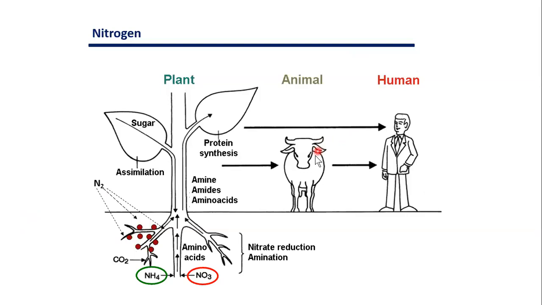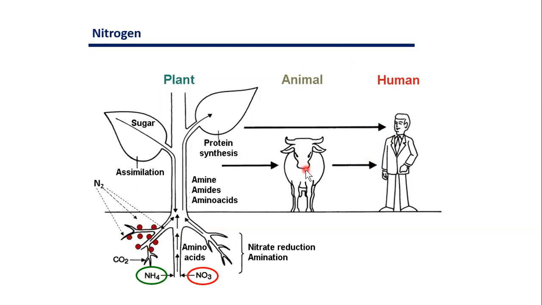And nitrogen is more important as compared to other nutrients if we talk about animal and human nutrition, because animals and humans cannot use inorganic nitrogen. So they must take it in organic form. So the plants are responsible for converting inorganic nitrogen into organic, and this organic is then utilized by animals and humans.